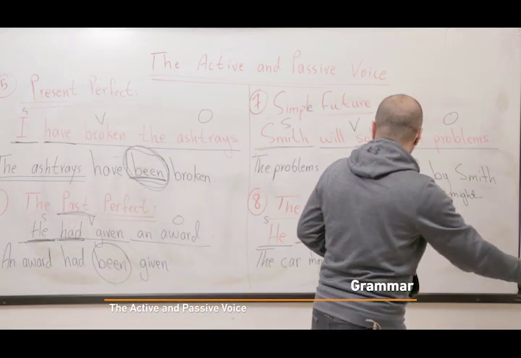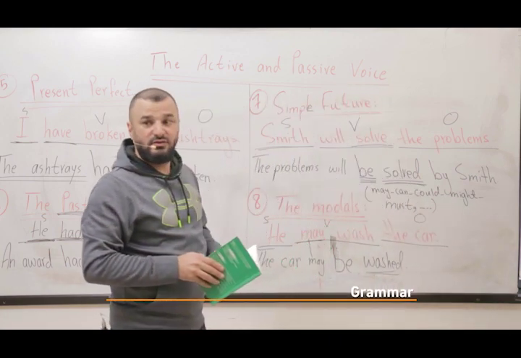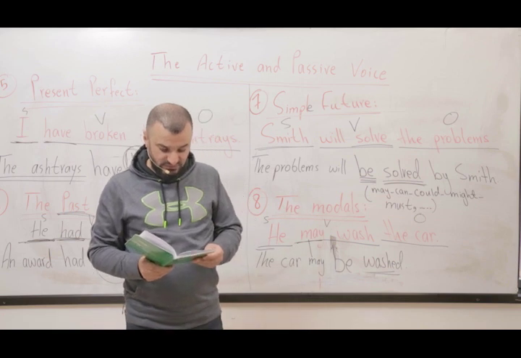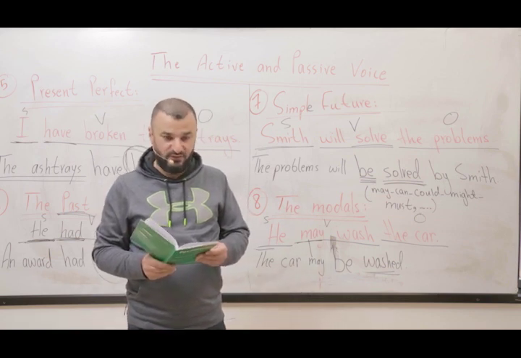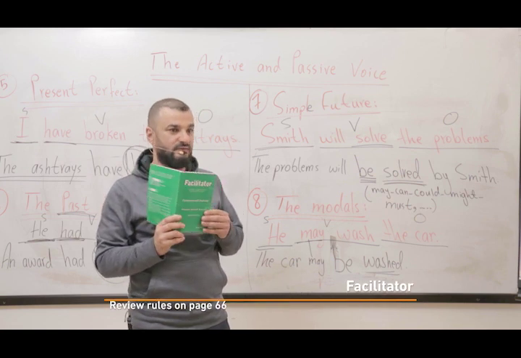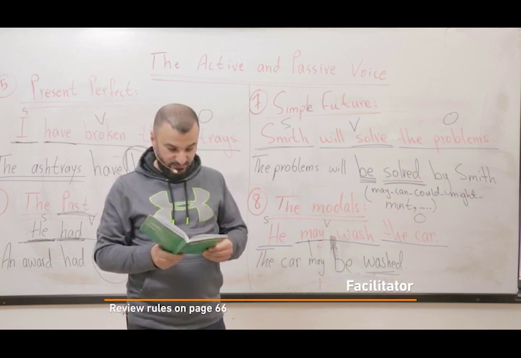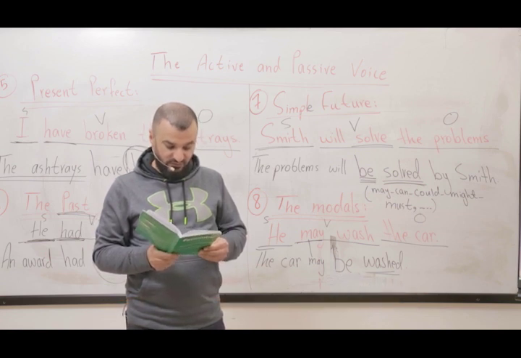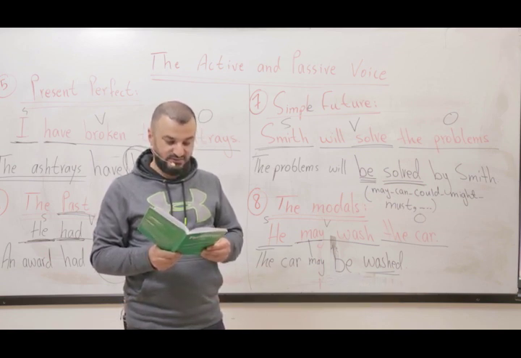So I advise you to memorize some of the rules which are found in my book. This book is known for all the students. The rules will be found in my book on page 66.